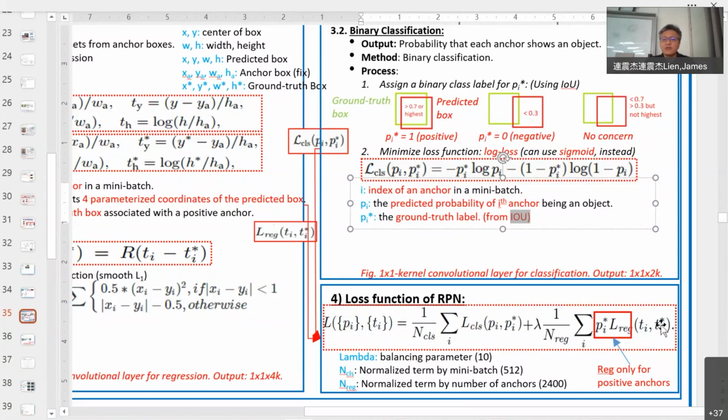The unit difference. Because this is between 0 and 1. This is not. We hope this unit will be the same as this unit for the total loss. So they have a scaling term here.